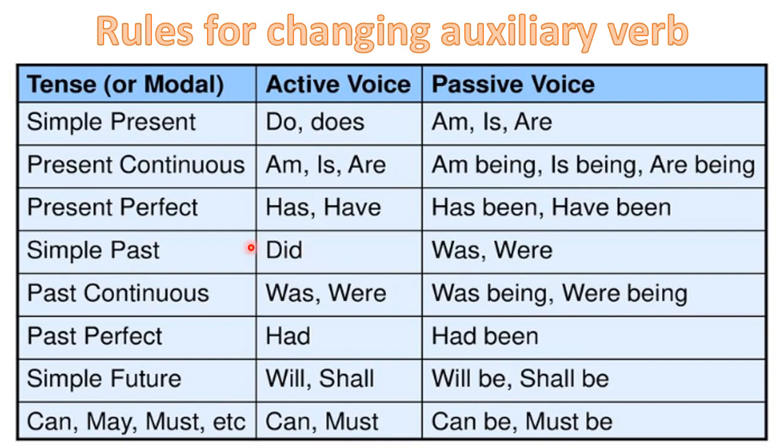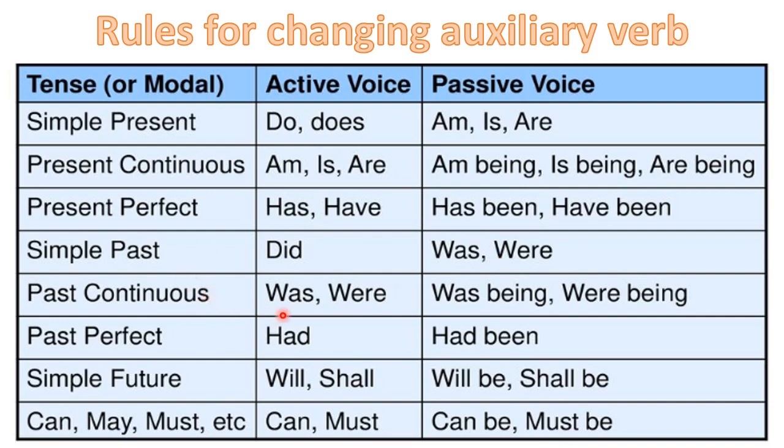Then this was the table for changing auxiliary verbs. In simple present tense, do, does, or V1 plus S or ES will change into is, am, are. In present continuous, is, am, are will change into is, am, are plus being. In present perfect, has, have will change into has, have plus been. In simple past, did will change into was, were.